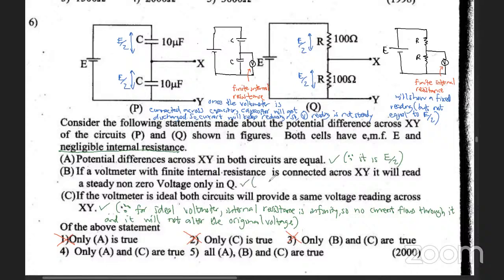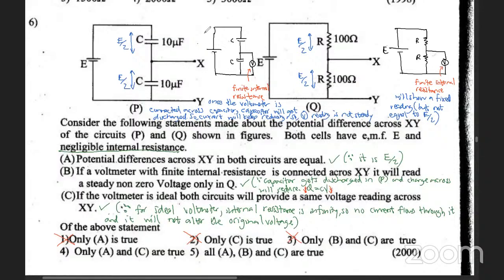Why? Because the capacitor gets discharged in P, and the charge across it will reduce. We have learned Q equals CV. So when the charge across it reduces, what should happen to the voltage?